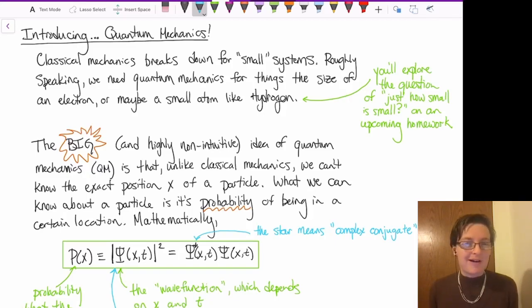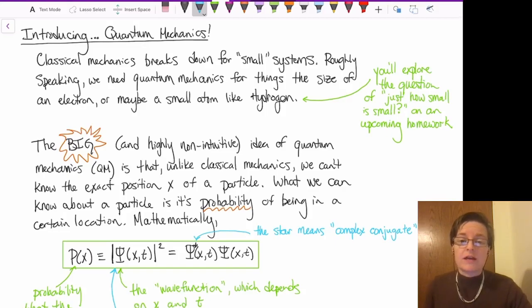And also by small, I mean that you'll get an opportunity on the homework to explore just where this borderlands is between where classical mechanics works and where quantum mechanics works. But scientists realized that for very small systems, classical mechanics started to give wrong answers.